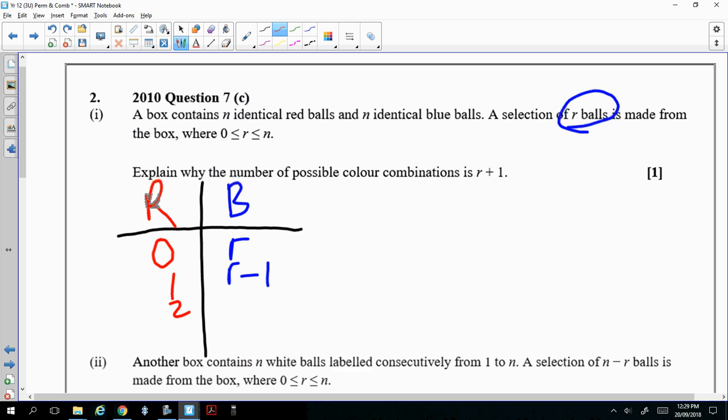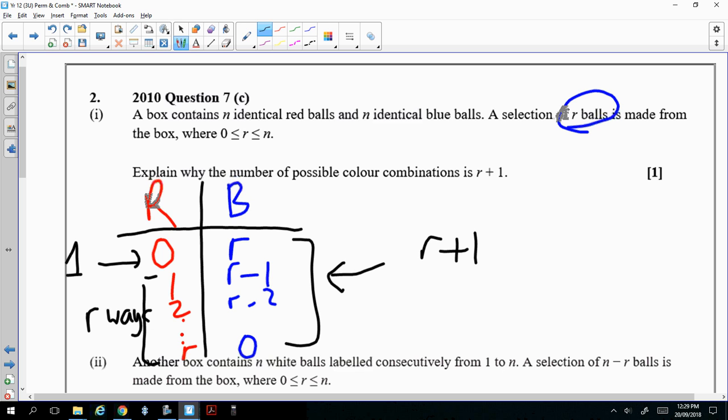So how many ways altogether? Well, you can see there's r ways, and there's 1 more way. So altogether there are r plus 1 ways. But since it says explain, you use a table and then maybe write some sentences if you can. If not, just explain what your table means.